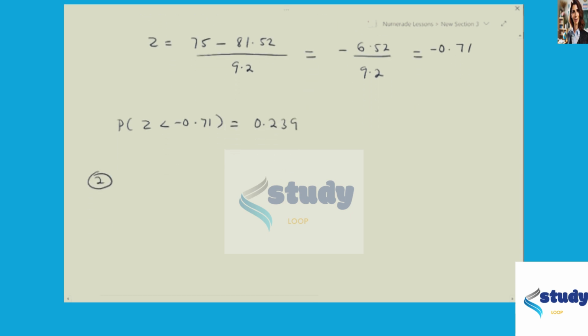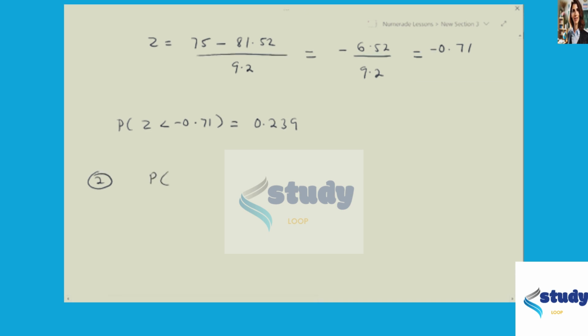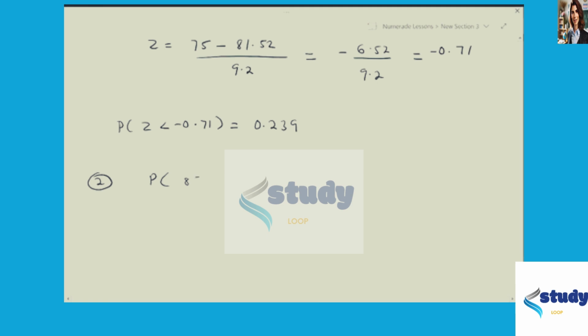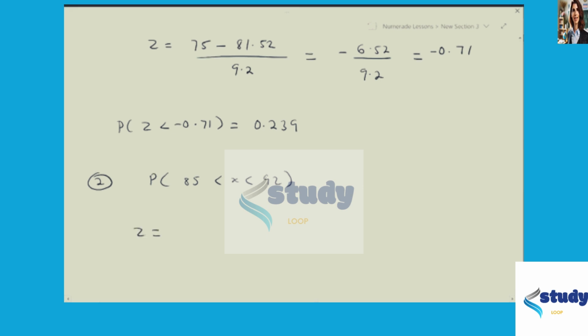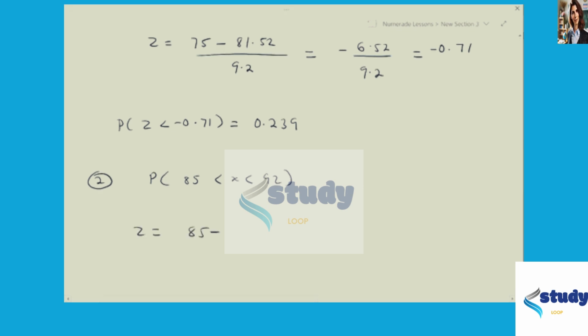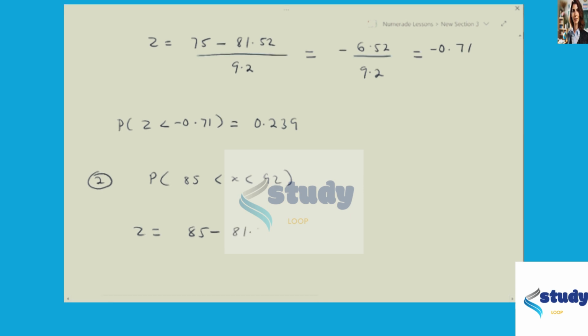The next one that we look at is the probability of a score that is between 85 and 92. Okay, so let's look for the z values of 85 and 92.